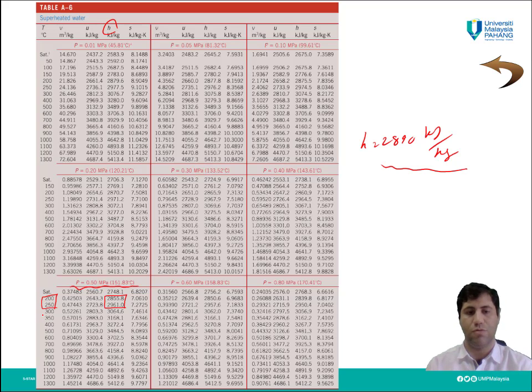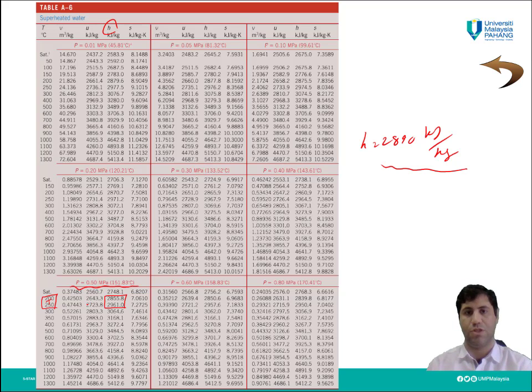So what we need to do is to find the temperature, because here we have the enthalpy. Our enthalpy is between these two, and we also have the temperatures for those two enthalpies. Then we need to find the temperature for our enthalpy. What we need to do is to use linear interpolation.